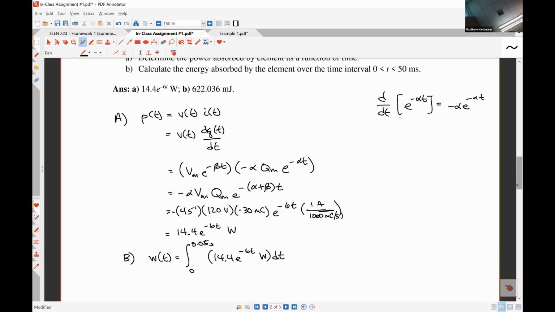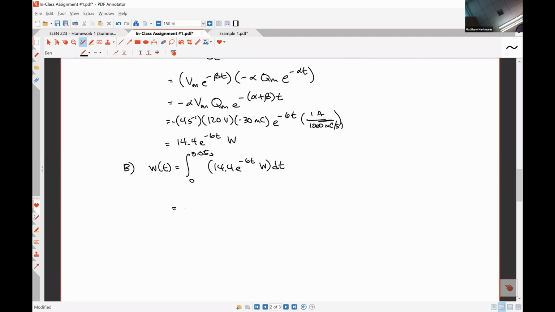So now we're doing the exact same thing that I said people make mistakes upon. We're going to have negative 1 over 6 times 14.4 e to the minus 6t evaluated at 0.05 seconds and 0.